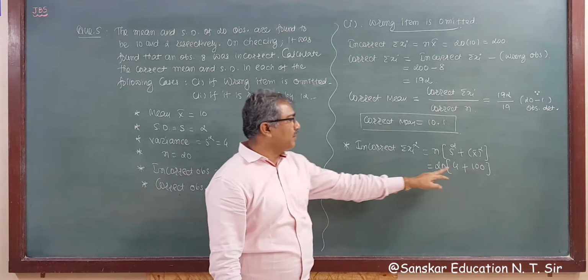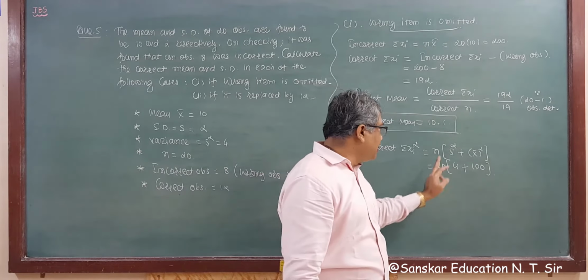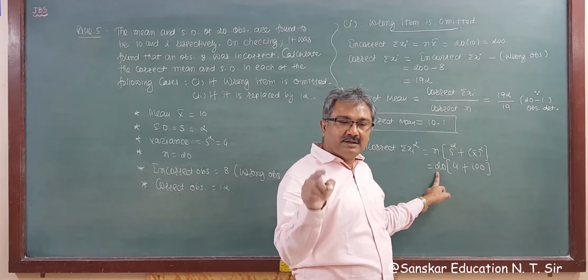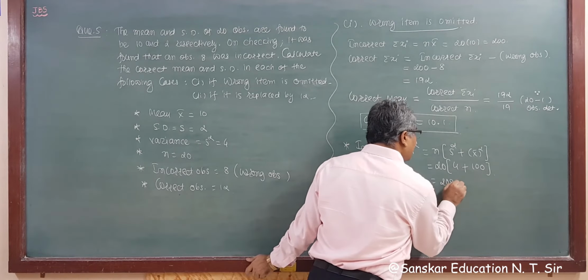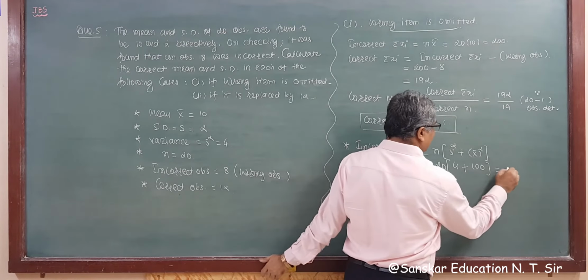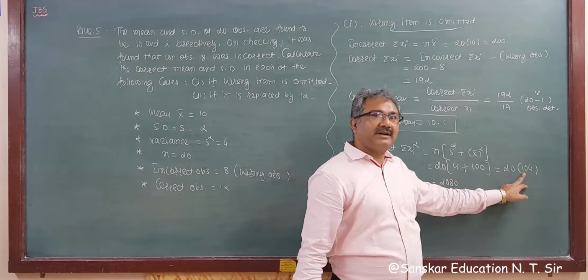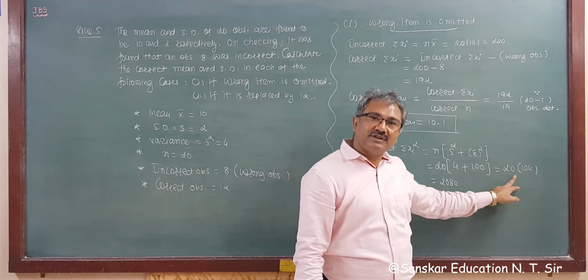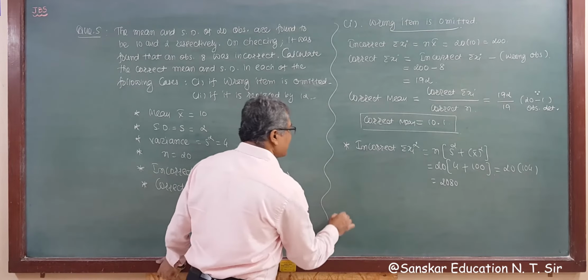So 100 plus 4 is 104. 104 into 20 is 2080. Got it? 104 doubled is 208, and then a zero, so 2080.